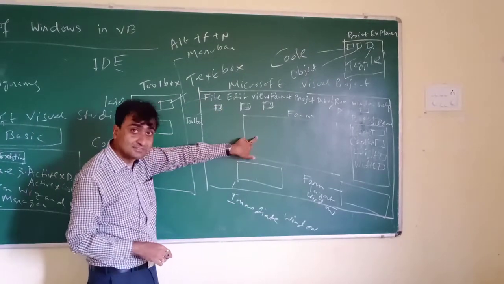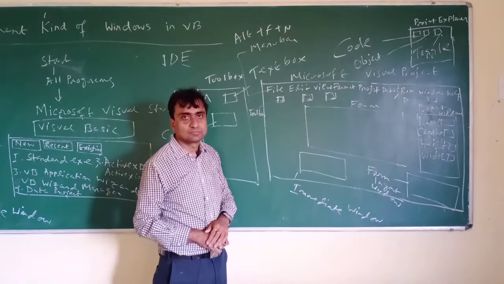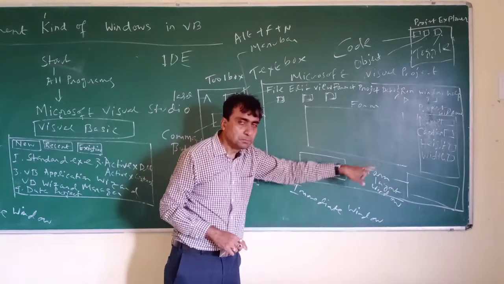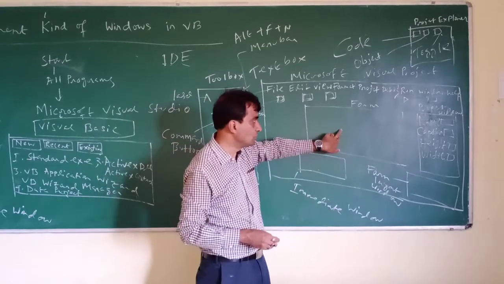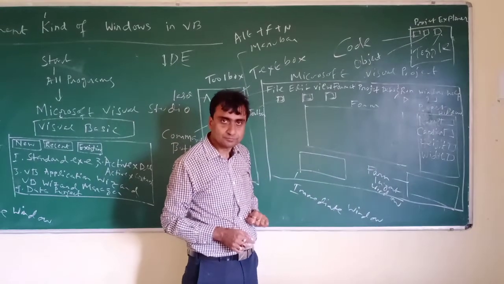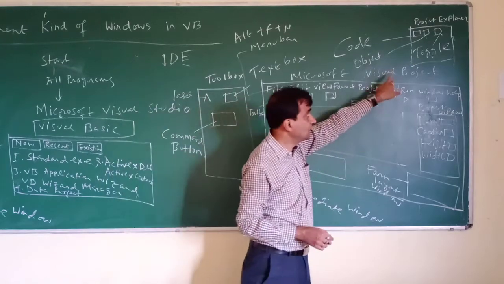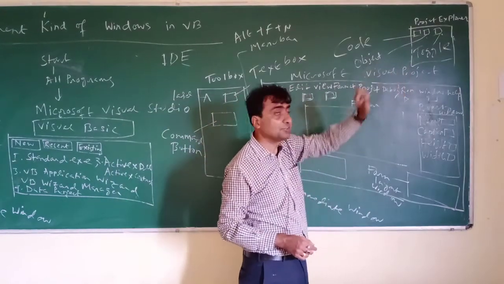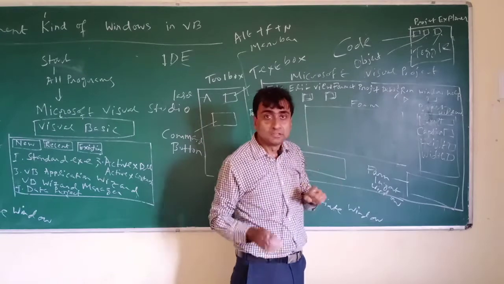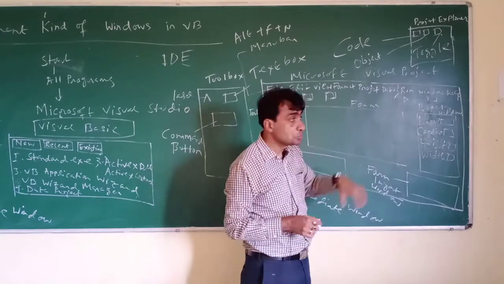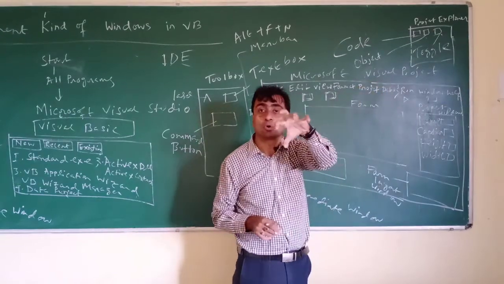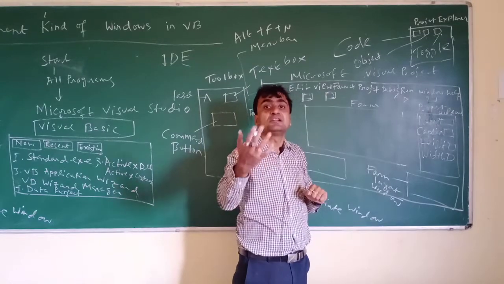Next, here the main window is there. That is what? Form. This is the main window. And on the left side, the toolbox is there. On the right side top, what is there? Project Explorer. Explorer opens something. So Project Explorer explores the project, like Internet Explorer.